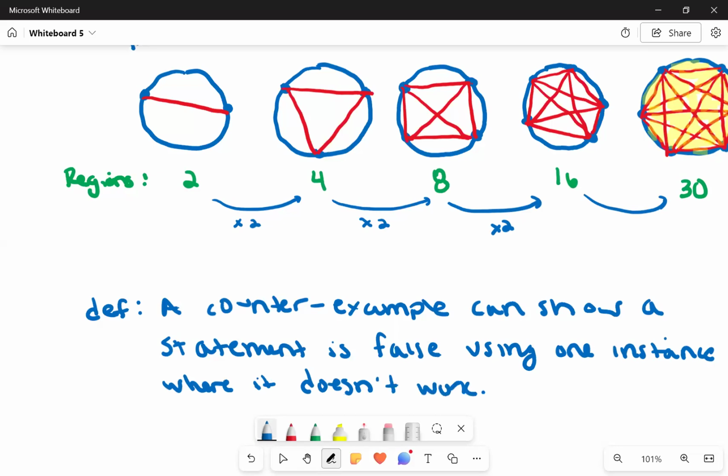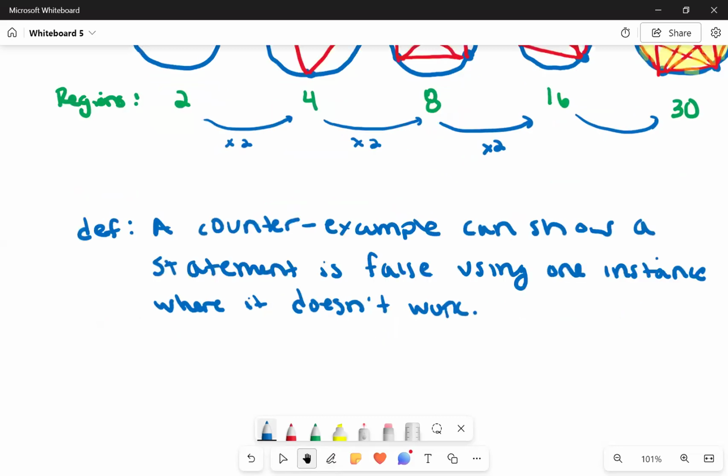So in math, in order to show something doesn't work, you just need one example that fails, okay? One counterexample can do it. That's all you need.